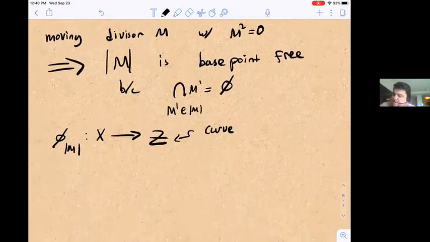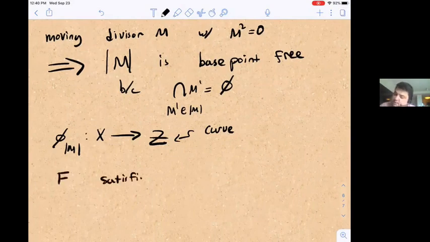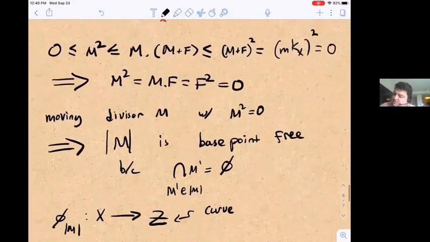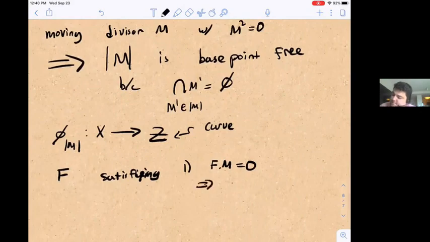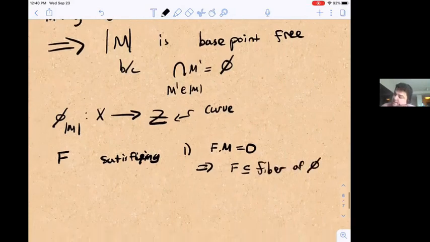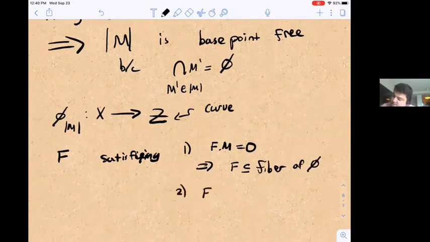And now we use this lemma from the Hodge index theorem, because we have this F satisfying two things. One, it satisfies that F dot M is 0 from the string of inequalities here. So that implies that F is contained in a fiber, because we have a base point free linear series. On the other hand, we also know that F squared is 0.